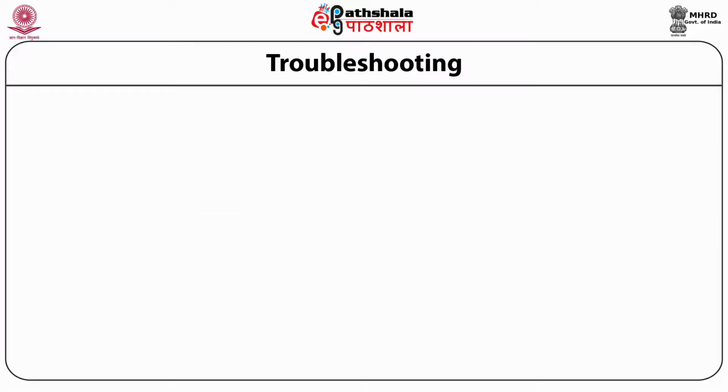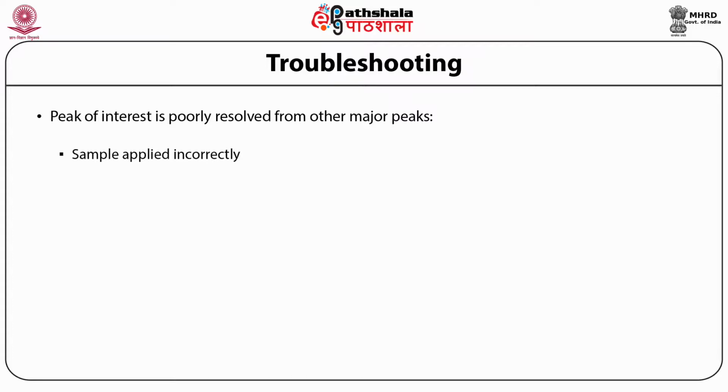Now, another problem that could arise could be that the peak of interest, that is the peak of the analyte that we need, is very poorly resolved from other major peaks. So, what could be the probable reasons for this? One, the sample that we have applied to the system may not be applied correctly. So, we need to apply the sample correctly.